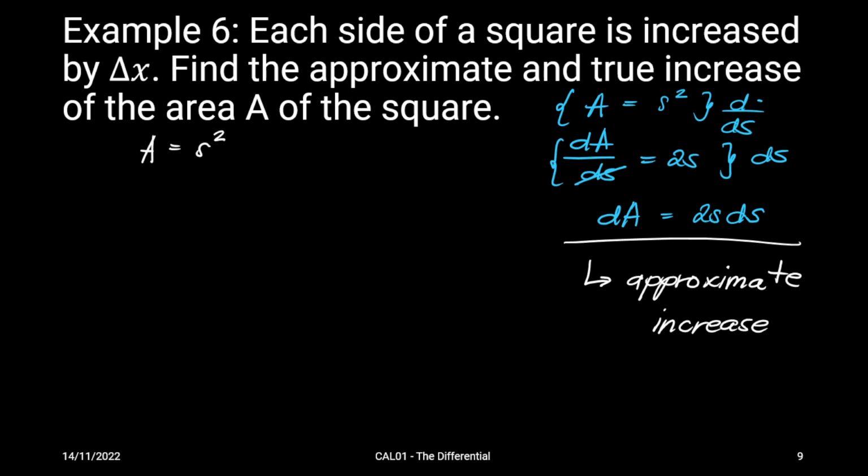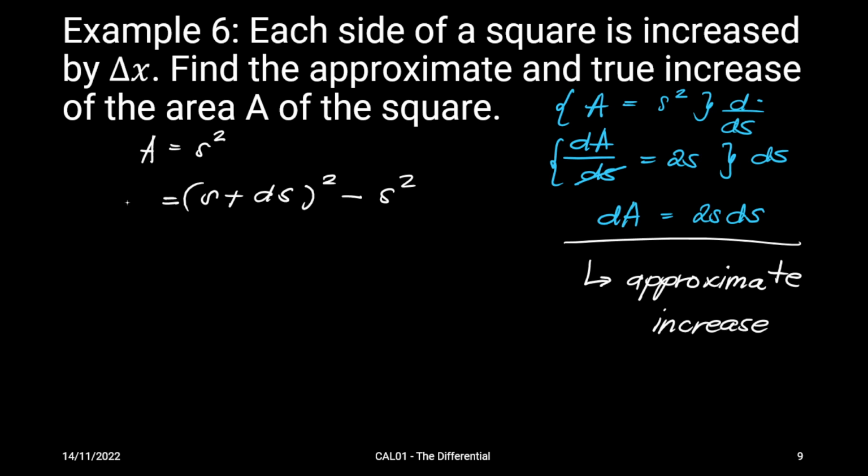Then we substitute the change, like in the 4-step rule. So, we have S plus ds, where ds is the change, squared, minus S squared.